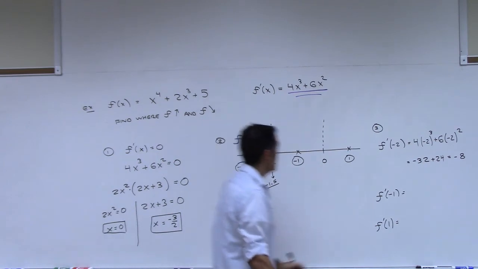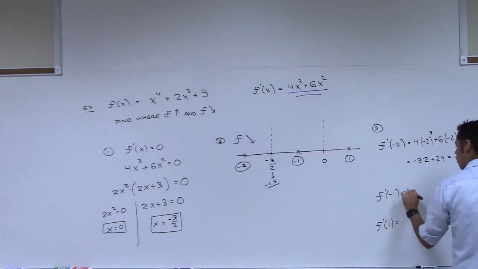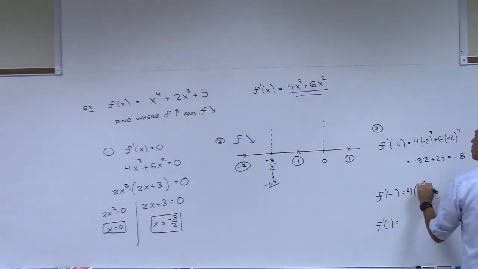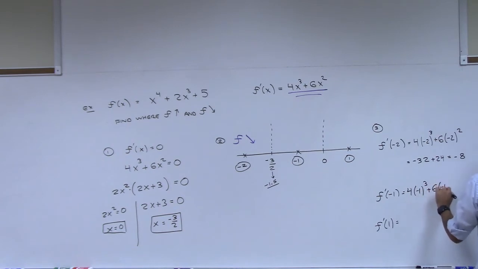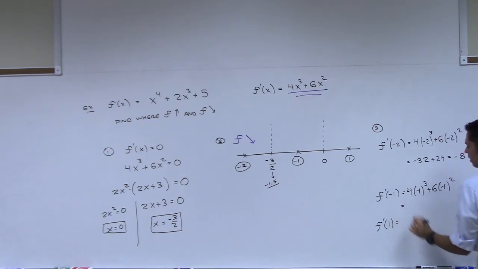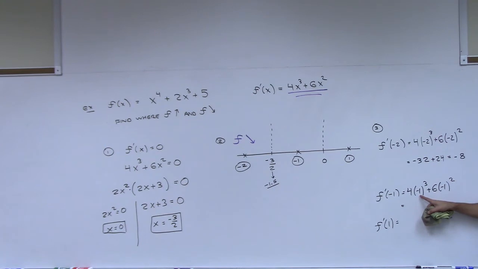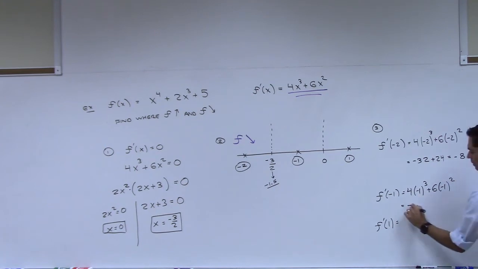Now let's plug in -1. So 4 times -1 cubed plus 6 times -1 squared. What's -1 cubed? -1, then times 4? -4, okay?